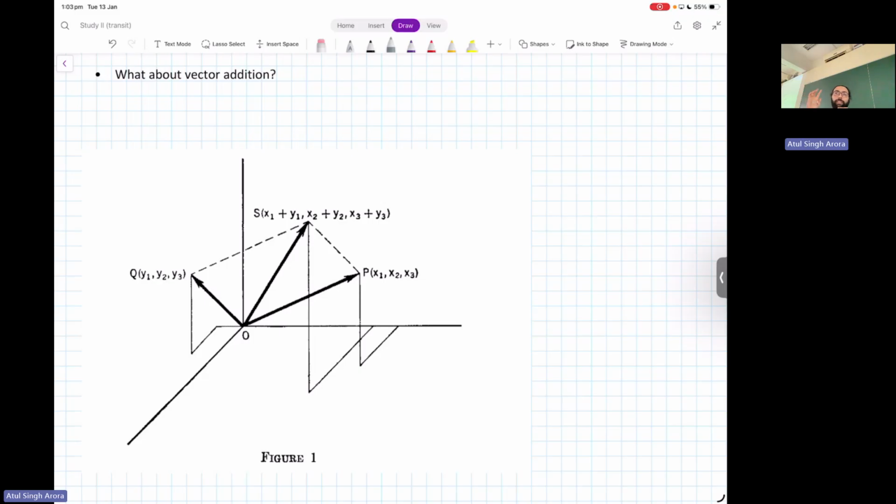This you've seen in physics like a million times by now. It's just the parallelogram rule. You have this object and you create this parallelogram, and then the coordinates of this final vector are going to be the definition of addition of vectors. Is that okay?